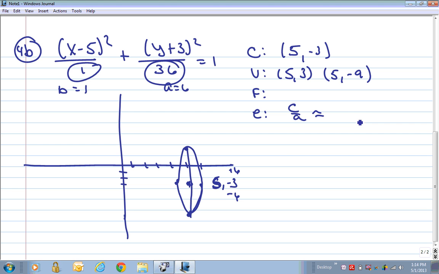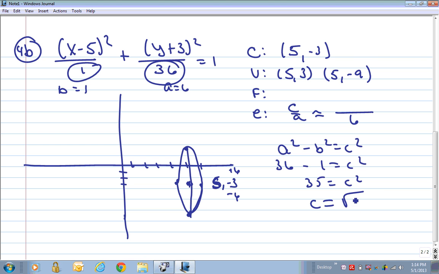Again, we know our value of A here is 6. We still need to find the value of C using A squared minus B squared equals C squared. A squared is 36. B squared is 1 equals C squared. Looks like 35 equals C squared. Square root both sides. And our C value is the square root of 35. So our foci are going to be somewhere here and here.